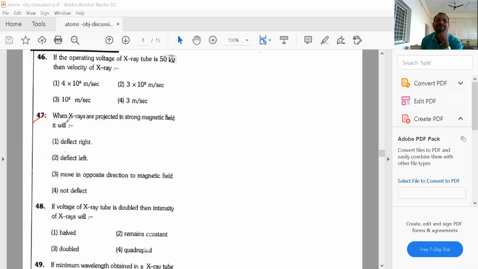Question number 47. When X-rays are projected in a strong magnetic field, what will happen? No deflection. A direct question. Next, if the voltage of the X-ray tube is doubled, then intensity remains constant. With increase in voltage, energy increases. With increase in energy, frequency increases, but intensity is constant.